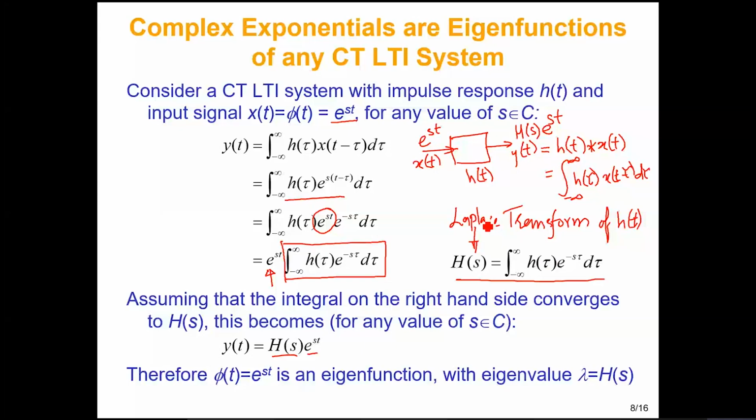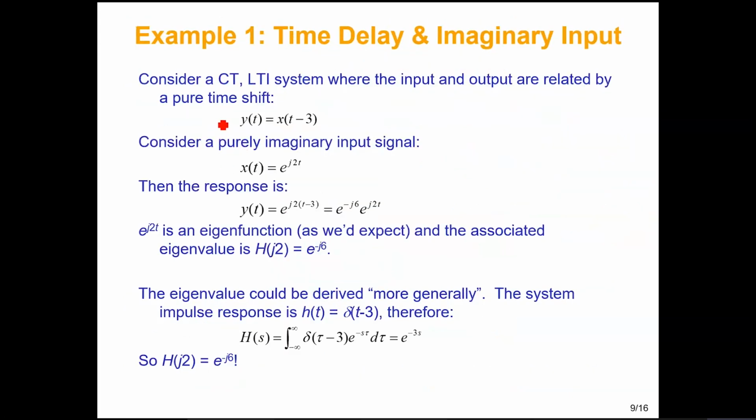So this is basically the whole theory base, and we actually showed that e raised to power of st is an eigenfunction and its eigenvalue is H(s). Using this, we did a simple example where we took a single system whose differential equation was given to us, and from here we can find h(t).